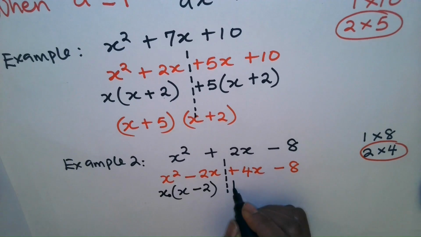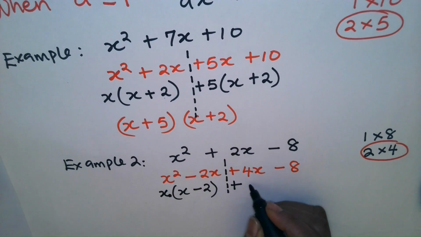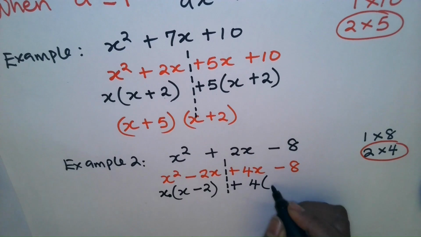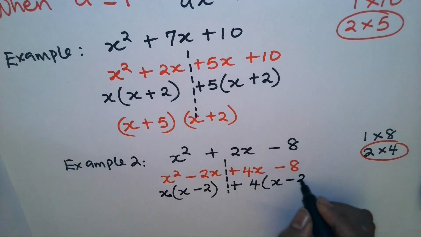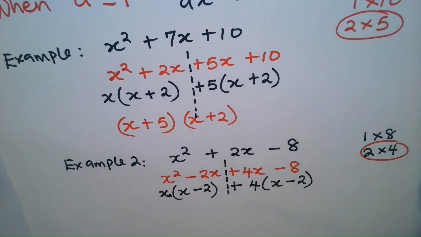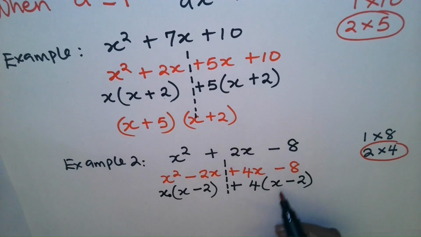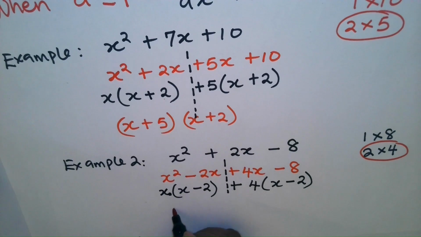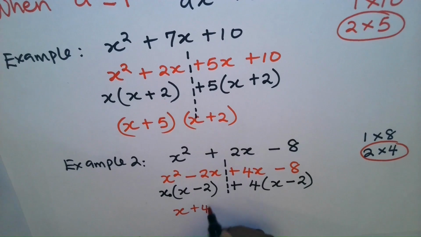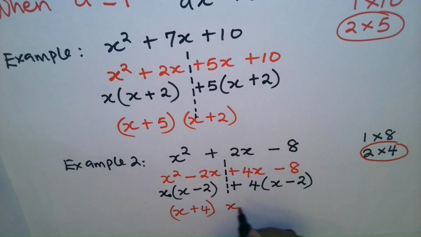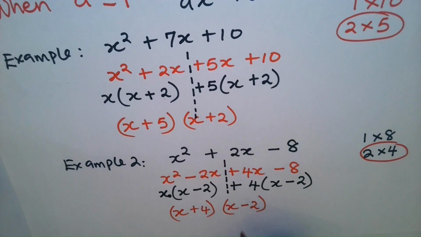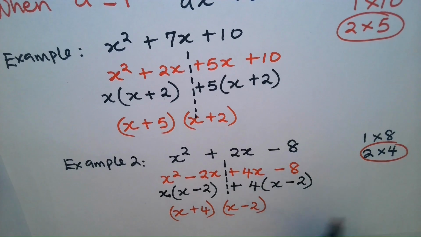So remember to put this plus, we've got 4 is common in bracket x minus 2. So we can see that what is in the bracket is the same. So we bring out x plus 4 in bracket, x minus 2 in bracket. So this is your answer for example 2.